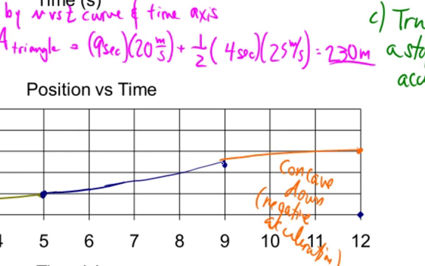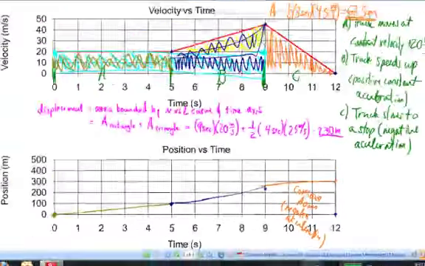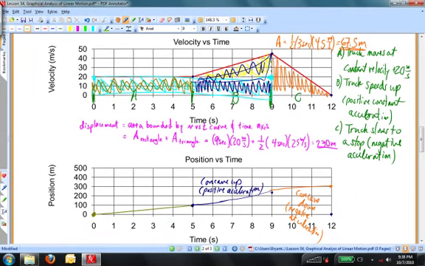So between 9 and 12 seconds, the object is slowing down. It has negative acceleration. Between 5 and 9 seconds, the object is speeding up. So that's a concave up position versus time graph. And then during the first 5 seconds, it is a linear position versus time graph. So there is no acceleration during that segment.